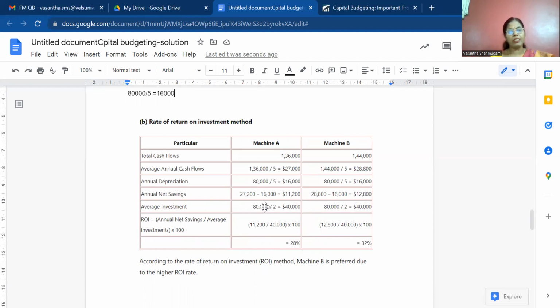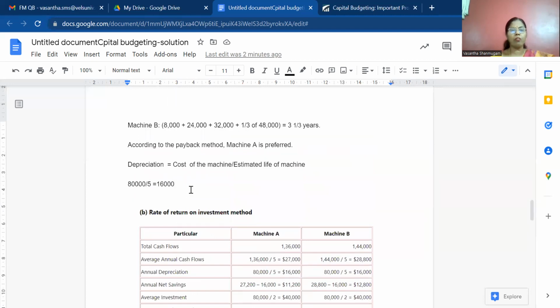So 11,200 is your annual net savings, or profit after tax. But here, no tax is given. So profit divided by average investment. I will write the formula.